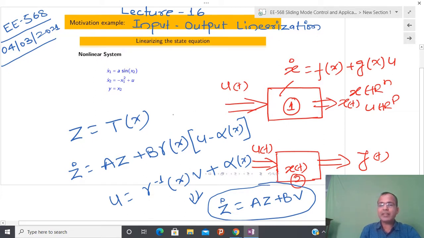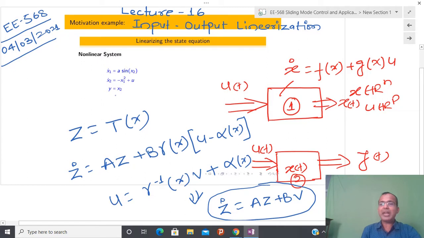You can see that here I am not worrying about the output, I am just worrying about the relationship between input and state. And during this process, if you do not worry about the output, try to see whether, using this particular transformation, it is possible to claim that the output also becomes linear or not.